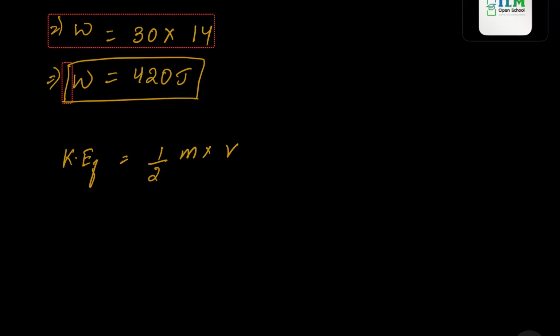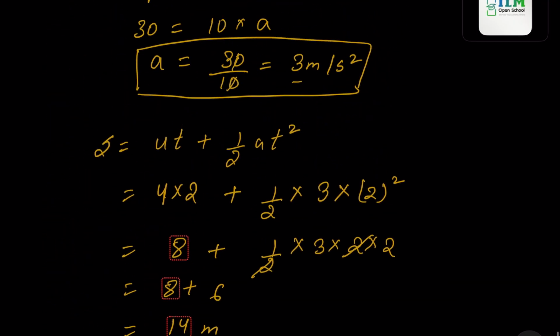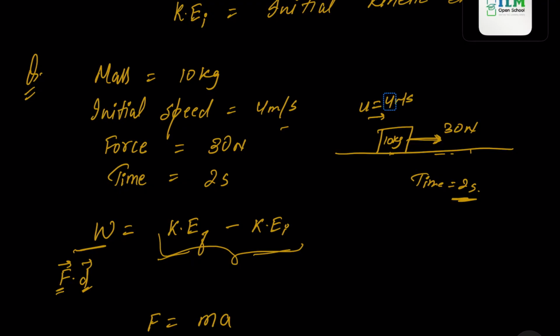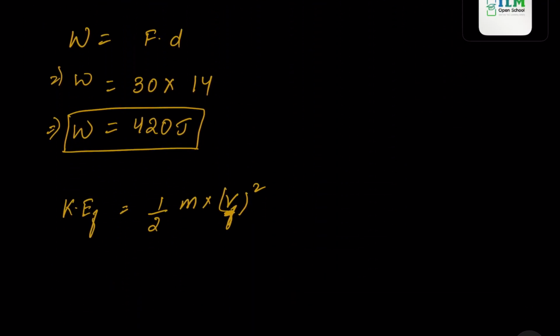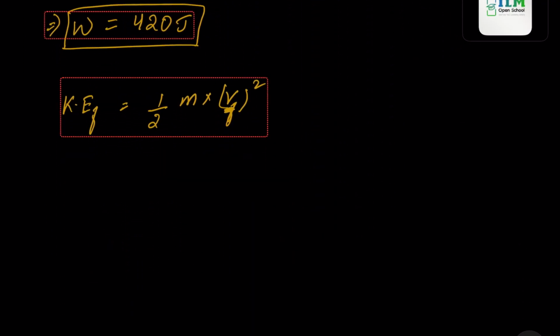It is the square of the final speed. Speed is not the same everywhere, so we need the final speed to find the final kinetic energy. I don't have the final speed as of now, so I am again using a formula to find it. For this, I am using v is equal to u plus at.